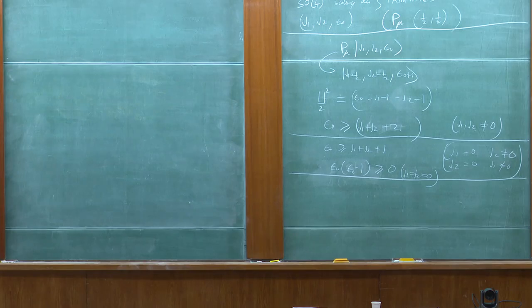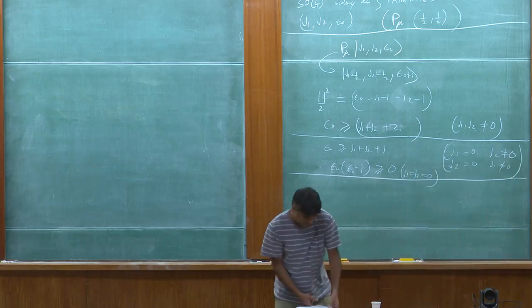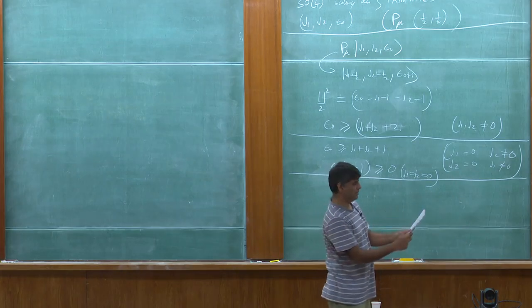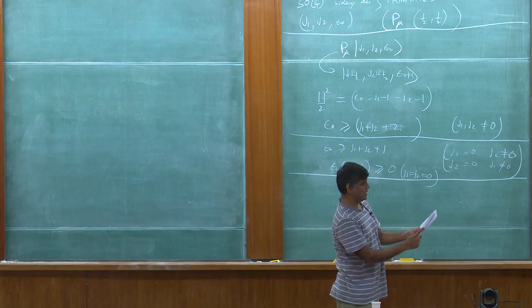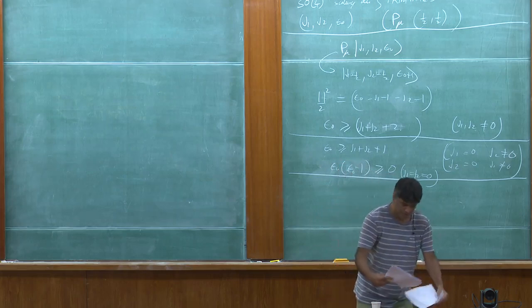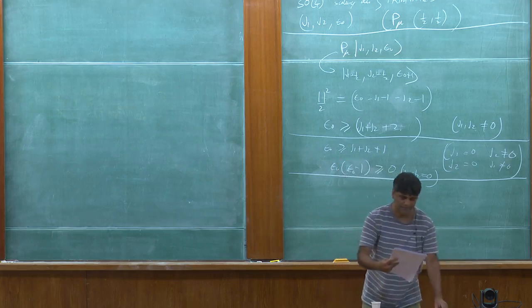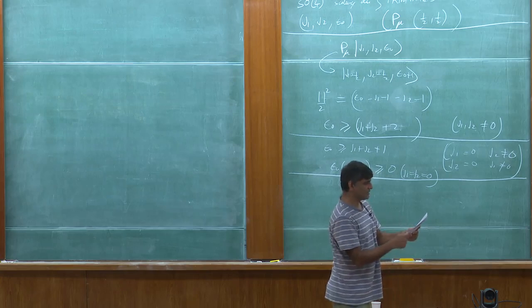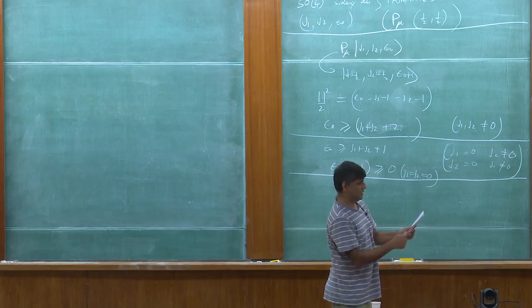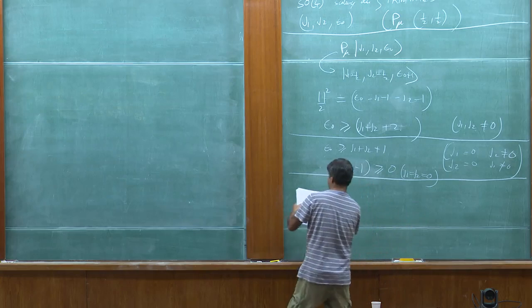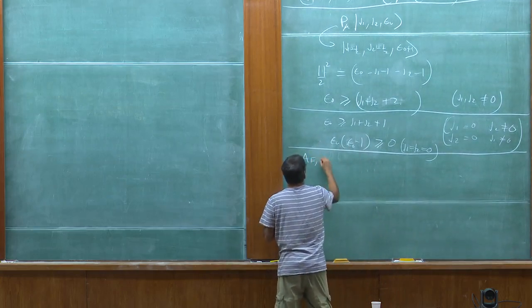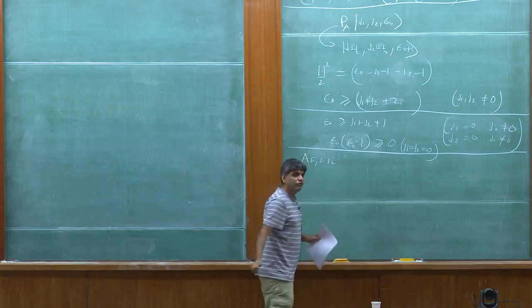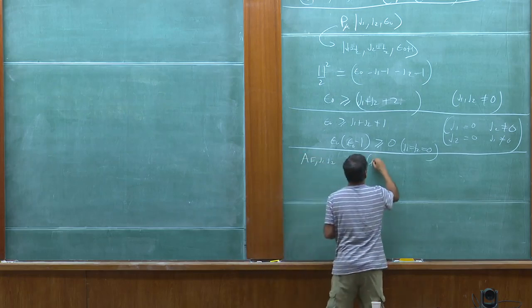So now I'm going to give you some notation. Let's use the notation A, E, J1, J2 for a generic long representation.